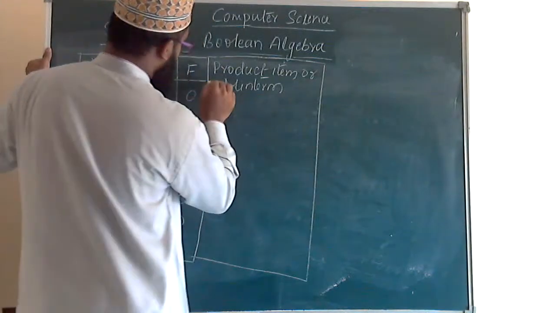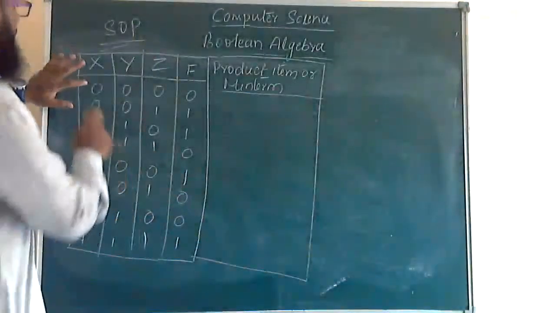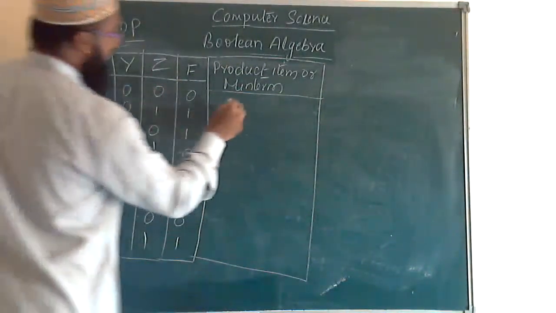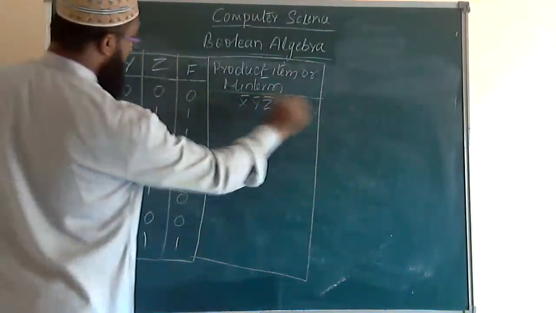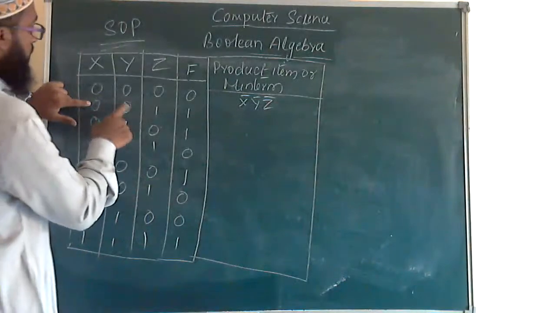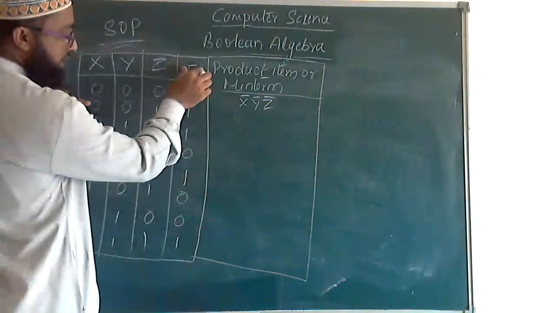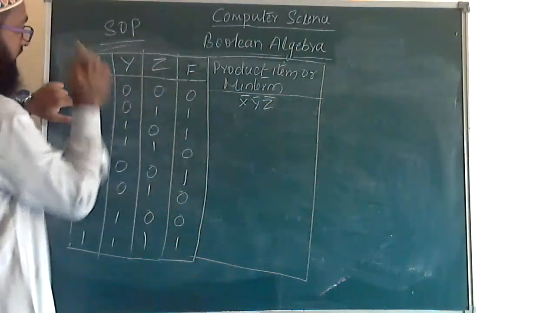We can call it a product term or min term. In a min term, for zeros we have to put a bar. Okay, x bar, y bar, z bar. Then leave f, because this is the result. Don't count this, just take the three variables.